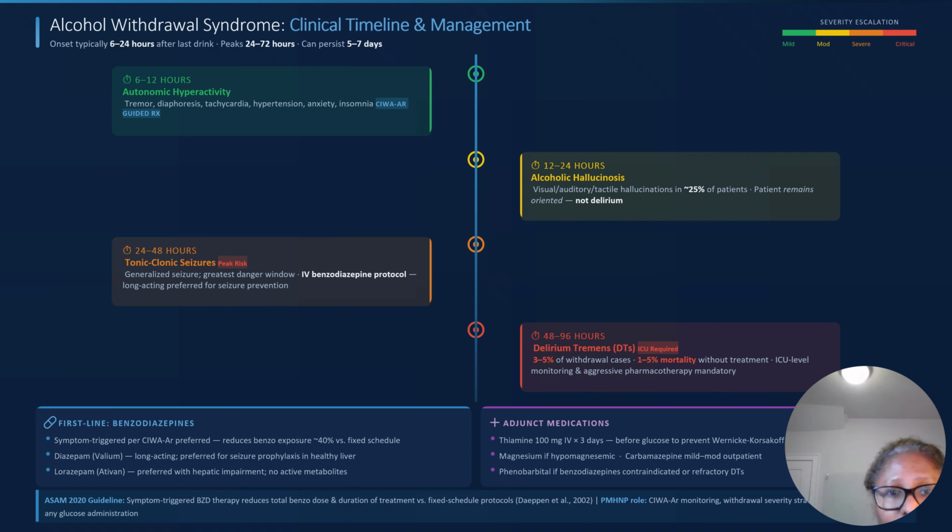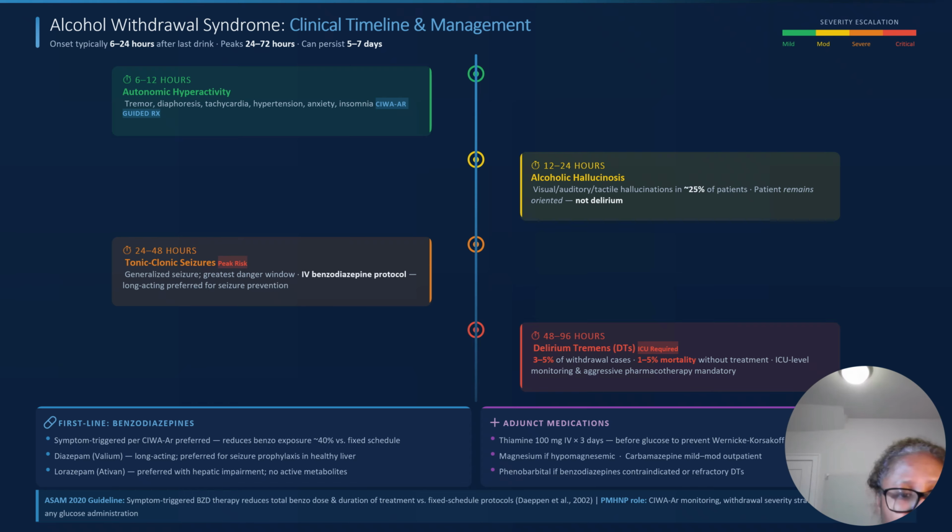And then 12 to 24 hours, alcoholic hallucinations, maybe some visual, auditory, tactile hallucinations. And then after 24 to 48 hours, you may see the tonic-clonic seizures. And then 48 to 96 hours, delirium tremens, etc. So these are just a few things to look for.